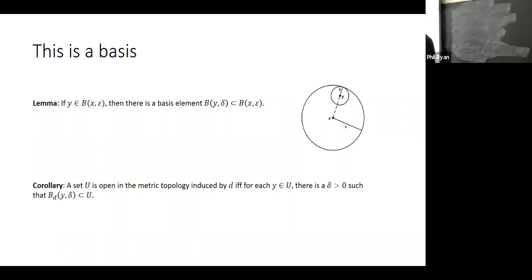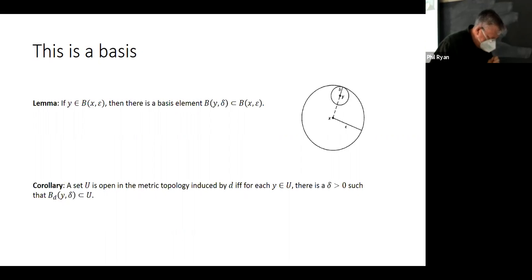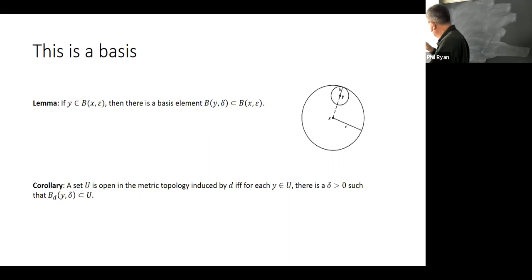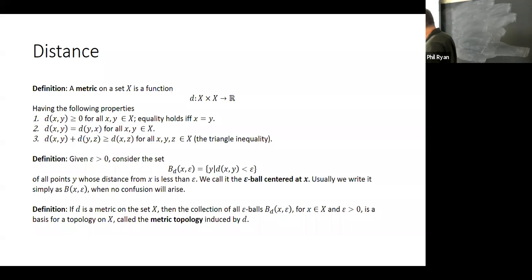So the first thing we're going to show is that it actually is a basis, and that's actually pretty straightforward. Before I go, one of the nice things about having this distance function is that basically you get analysis.